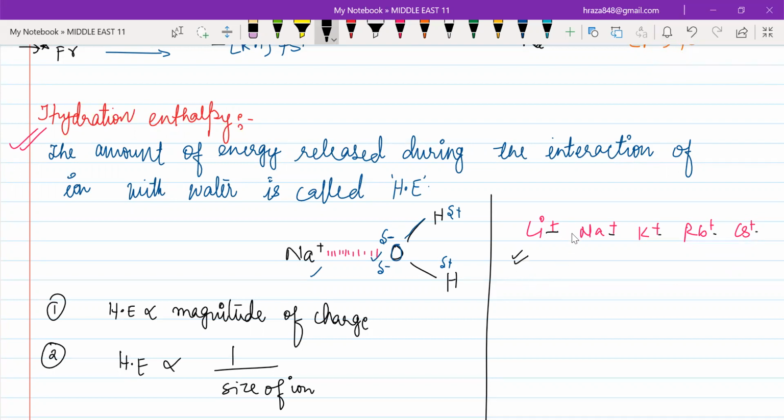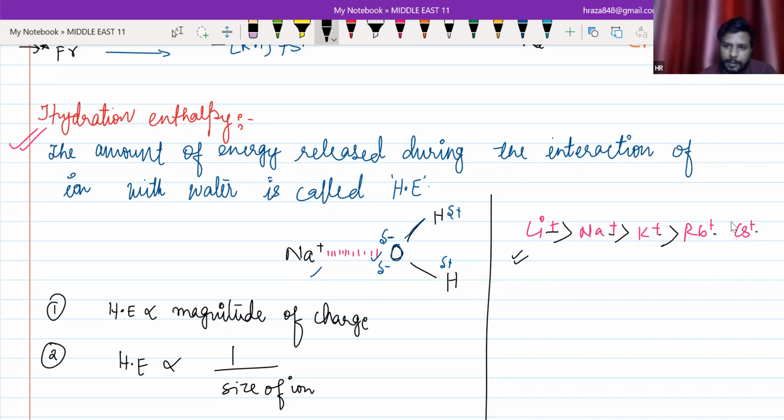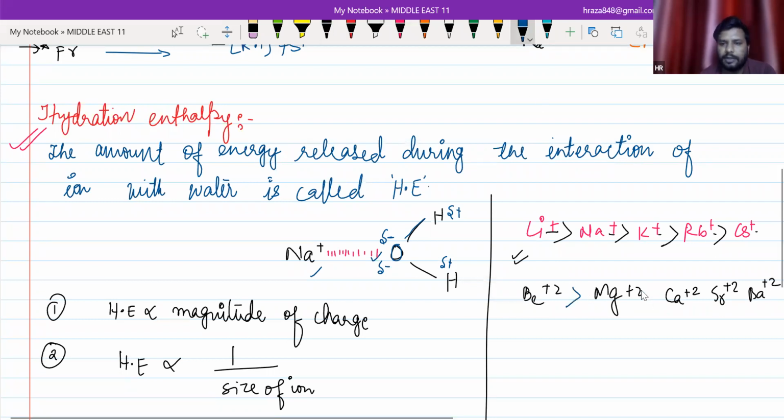Yes, sir. So it will be like this. The smaller the ion, more will be the hydration enthalpy. In the same way, if you are going for the second group, Be plus 2, Mg plus 2, Ca plus 2, Sr plus 2, and then barium plus 2, that is Ba plus 2. So the answer will be like this. Is that clear? Yes, sir.